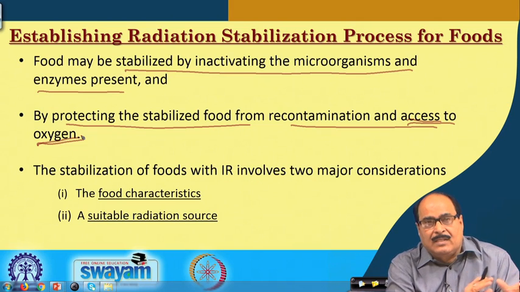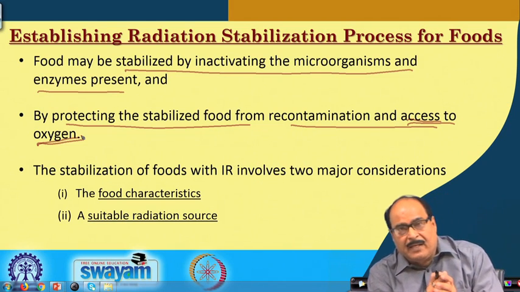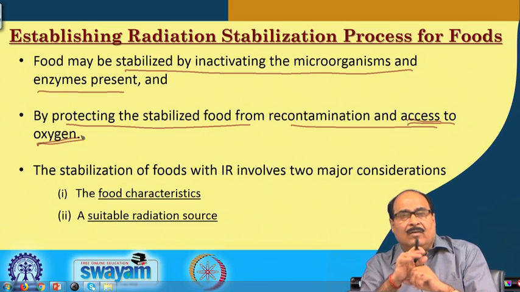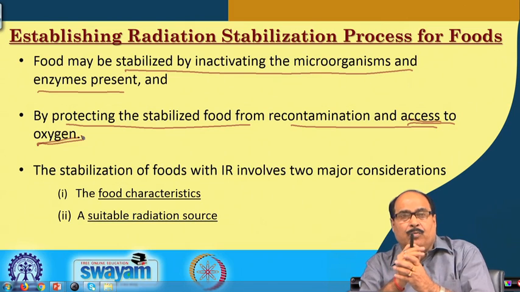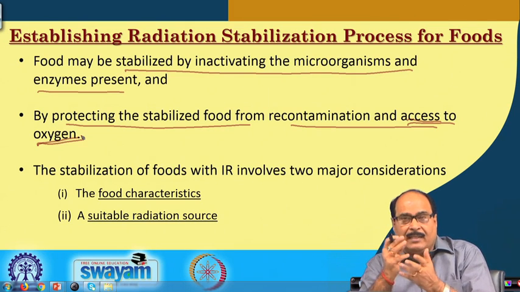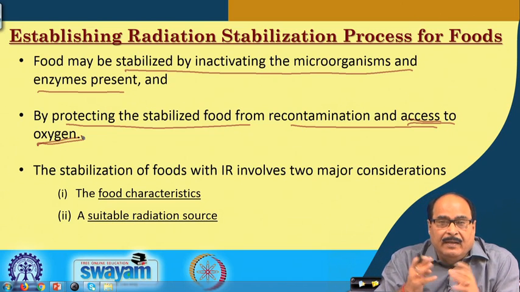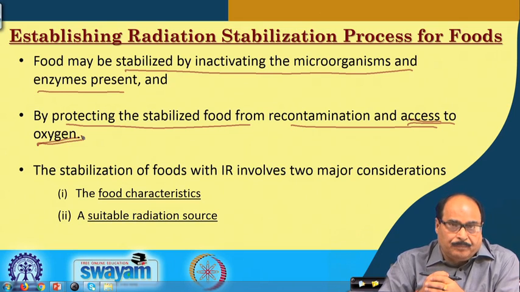That is, once they are treated with ionizing radiations, proper care should be taken that post treatment they are not again exposed to a contaminated environment or an oxygen-rich environment, otherwise oxidative reactions and other reactions may take place, and they may again spoil the food.